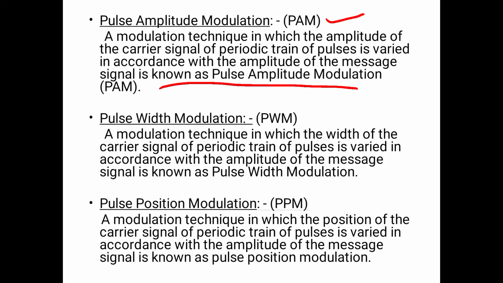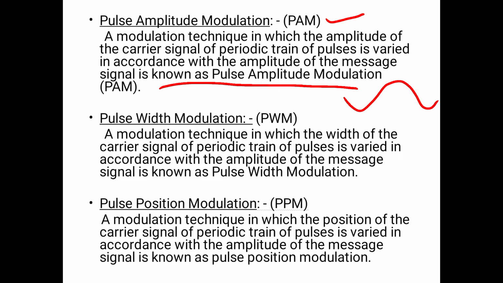Here observe, friends, the amplitude of the modulating signal, which is the message signal, is continuously varying. According to that amplitude, our carrier signal is also varying. Here the carrier signal is nothing but a pulse train.